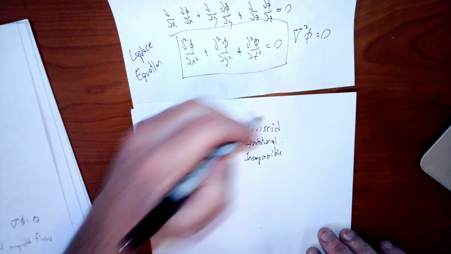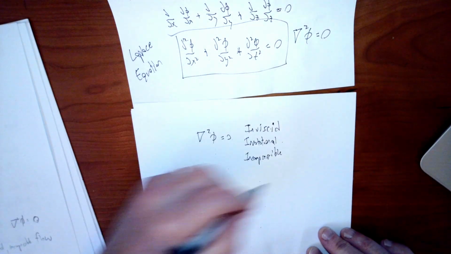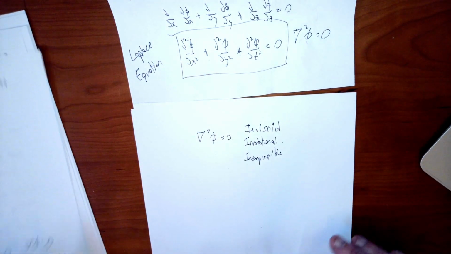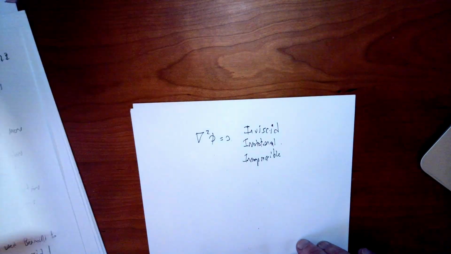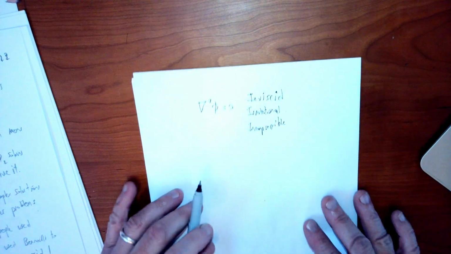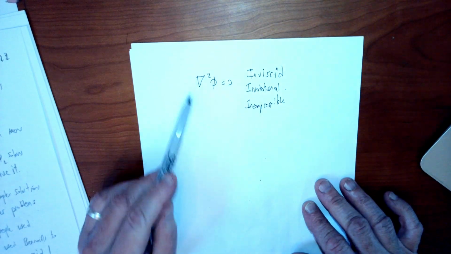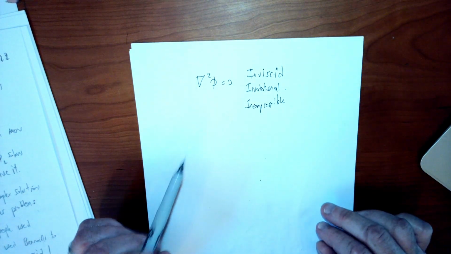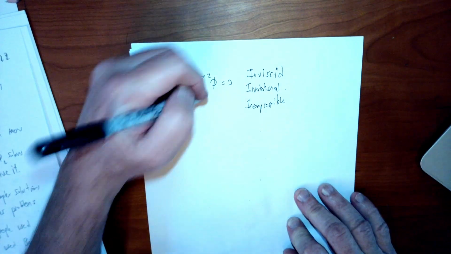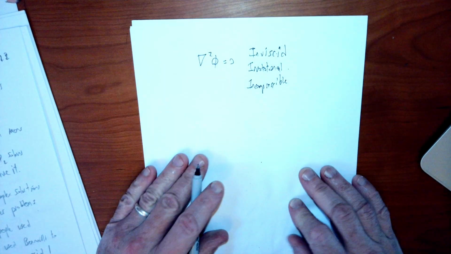But many flows for many years could be treated as inviscid, irrotational, incompressible, and therefore people could use this type of solution. The best thing about this was that you could solve this without a computer. So this was a very, very powerful tool that people were able to use before people invented the computer.